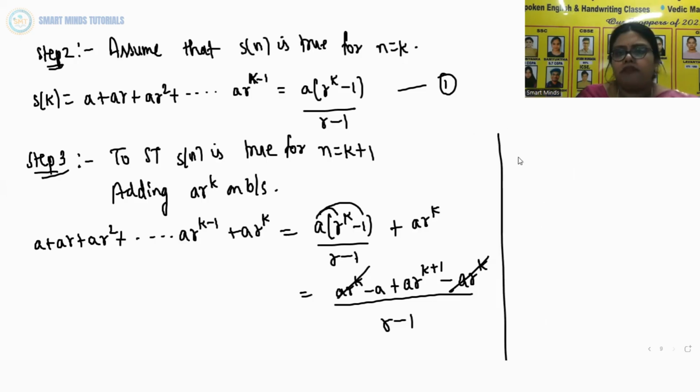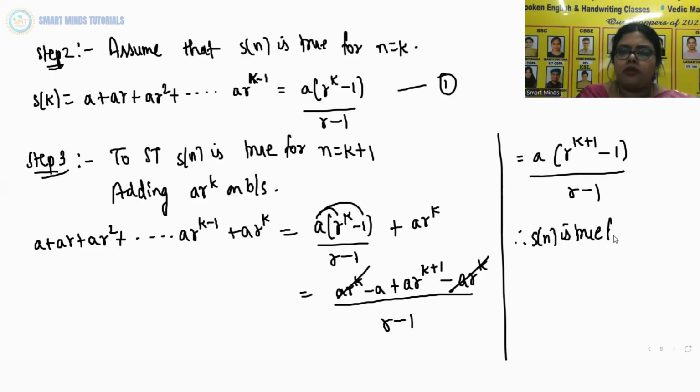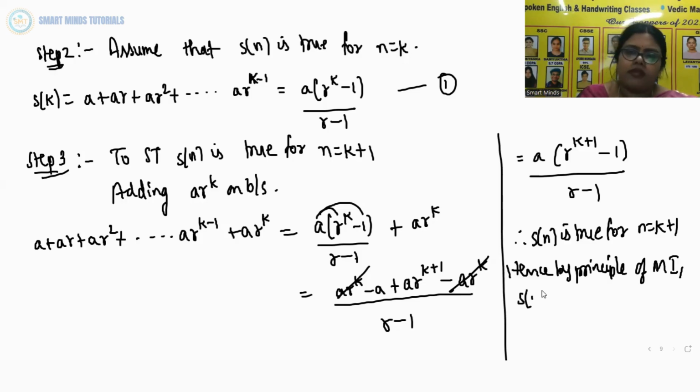Now if I take a common, we get r power k plus 1 minus 1 by r minus 1. Now you can see the RHS of the question. In the RHS of the question, wherever you have n, we got k plus 1. So finally we can say therefore S of n is true for n is equal to k plus 1. So hence by the principle of mathematical induction, S of n is true for all n belongs to N.